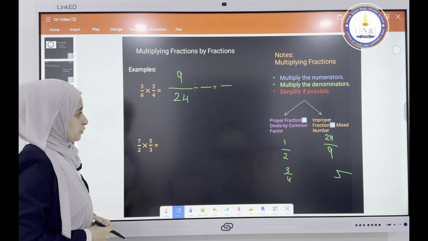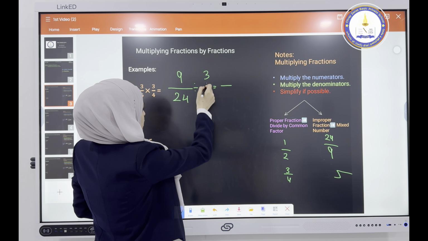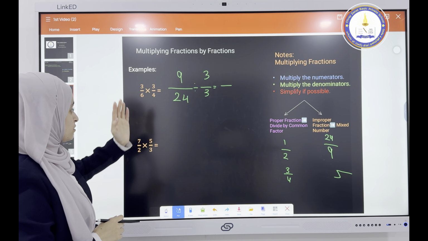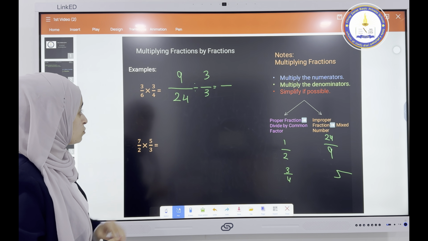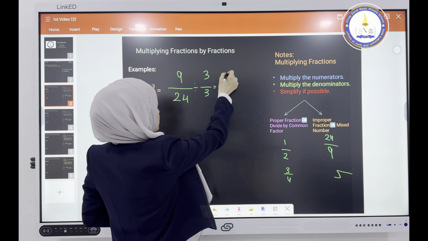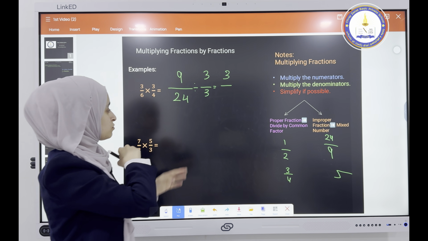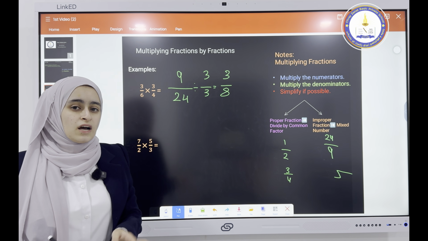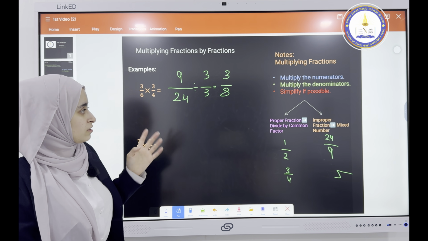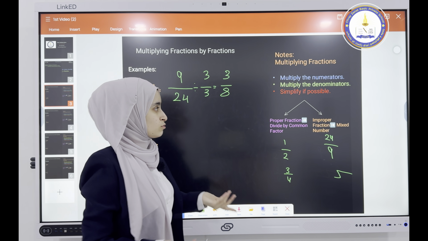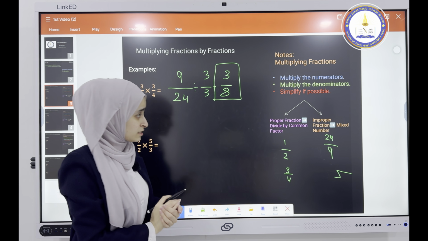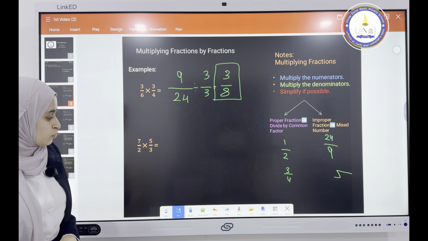As you know, we have 3 as a common factor for 9 and 24. So 9 divided by 3 is equal to 3. 24 divided by 3 is equal to 8. Now, do we have a common factor again between 3 and 8? No, we don't have it. So we will leave it. It means 3 over 8 is the simplest answer of this question.